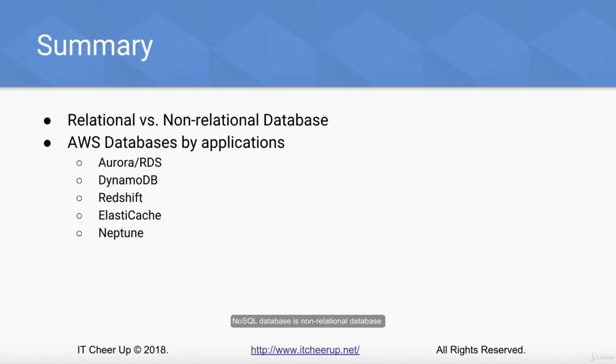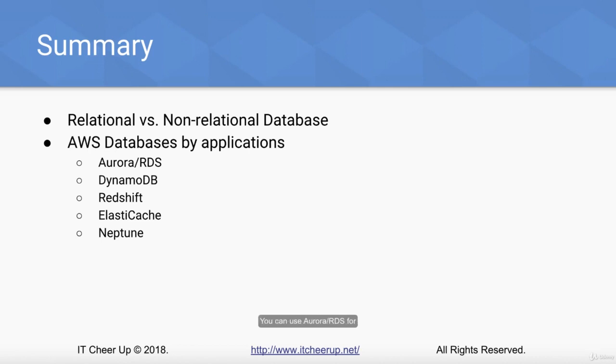A NoSQL database is a non-relational database with a schema-free data structure. It is optimized for scalable performance. We also talked about AWS solutions for relational and non-relational databases.